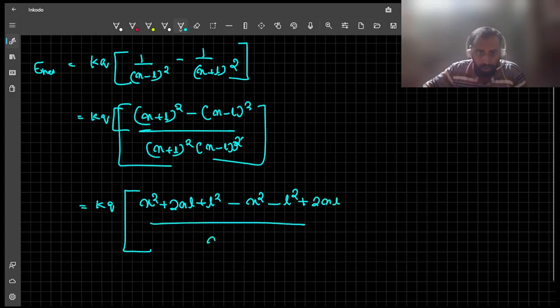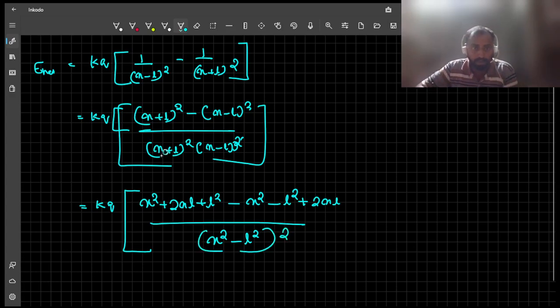Divided by a square minus b square the whole square, because a plus b into a minus b is a square minus b square, but the whole square is there.